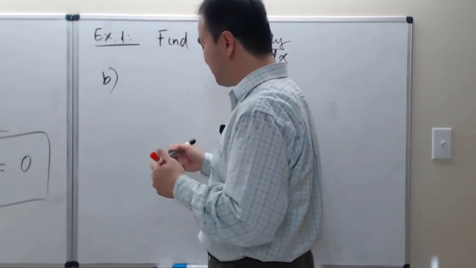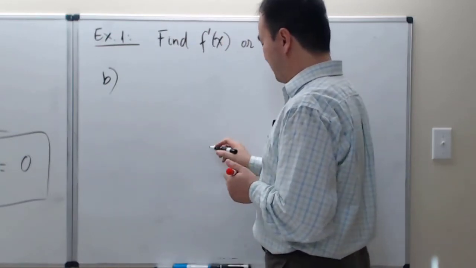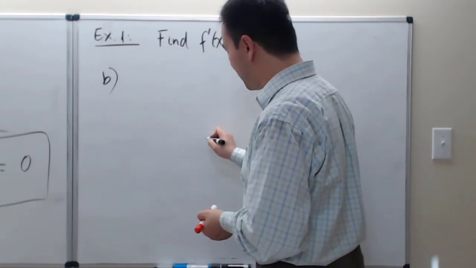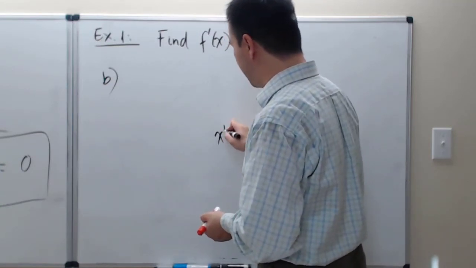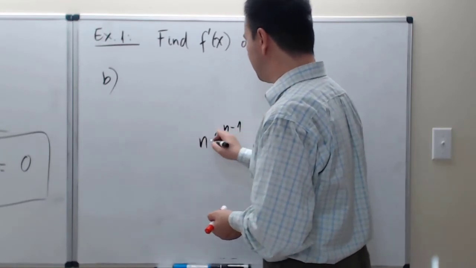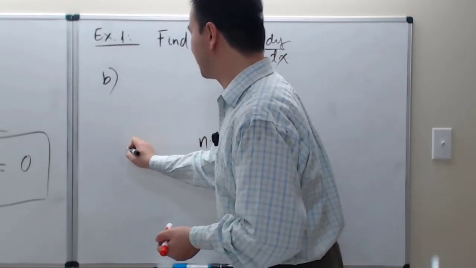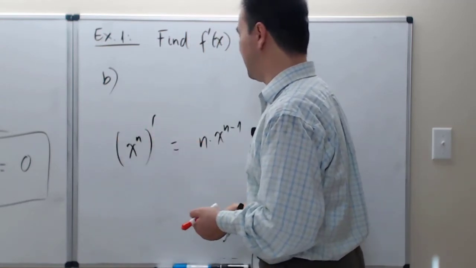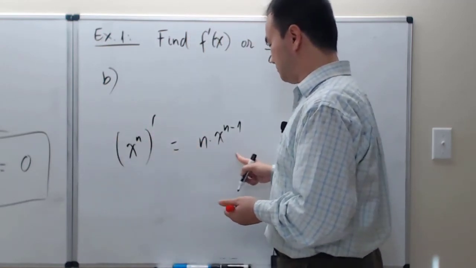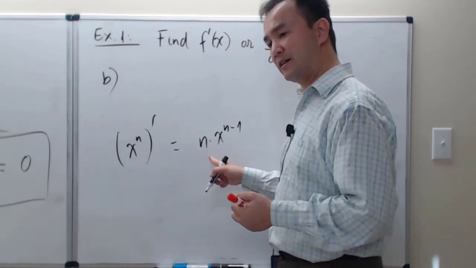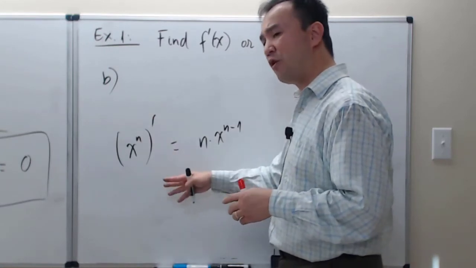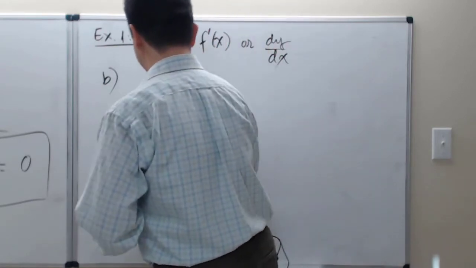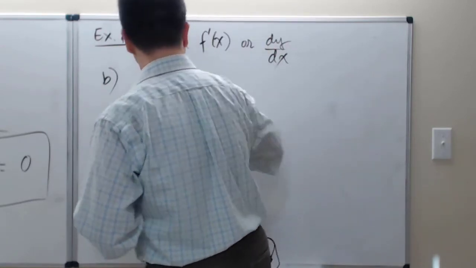After seeing part A of example 1, maybe you start thinking the power rule, x to the n, derivative equals n times x to the n minus 1, is only for integer powers. Let me show you a surprise.